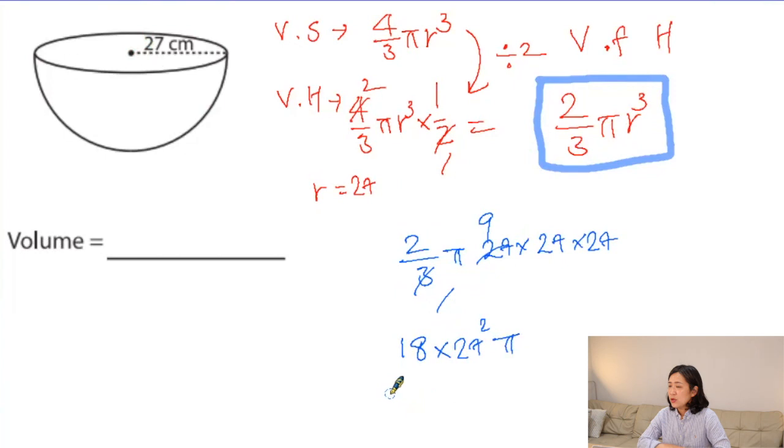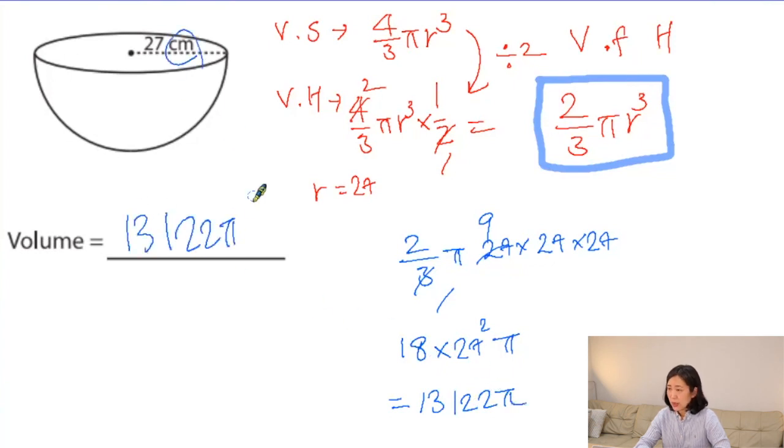Now you've got a calculator, right? So use your calculator, as most volume and surface area of sphere questions allow a calculator. If you use your calculator, your answer will be 13,122 pi. If you want, you can calculate pi as well, but just make sure you have your unit, it's cubic centimeters.